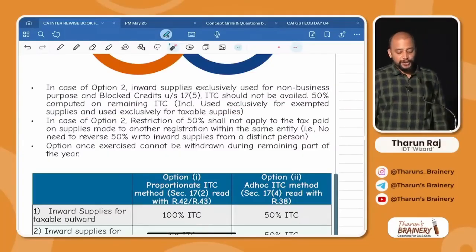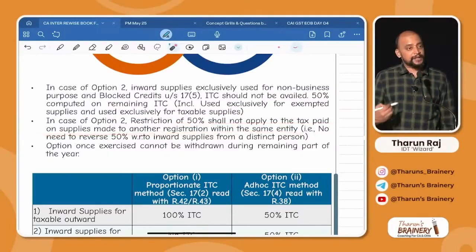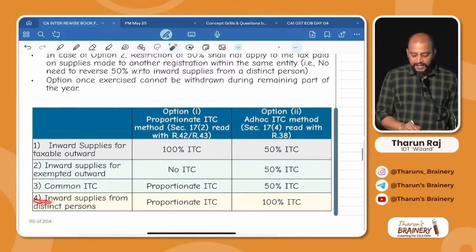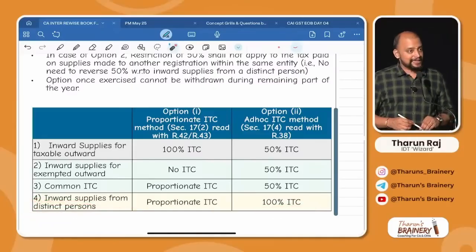In case of option 2, this restriction of 50% shall not apply to tax paid on supplies made to another registration within the same entity. That is, for inward supply from a distinct person, don't take 50% ITC, take 100% ITC.